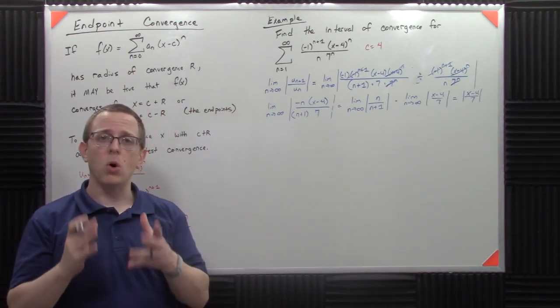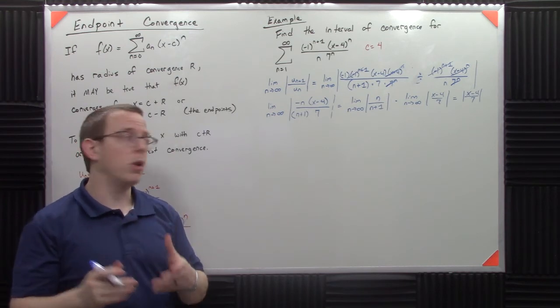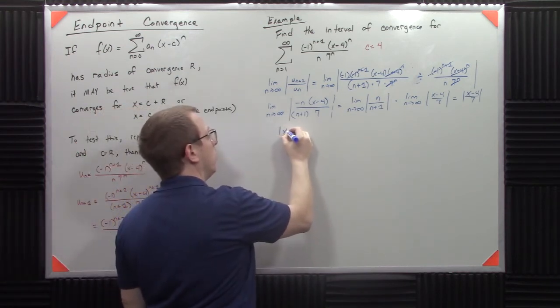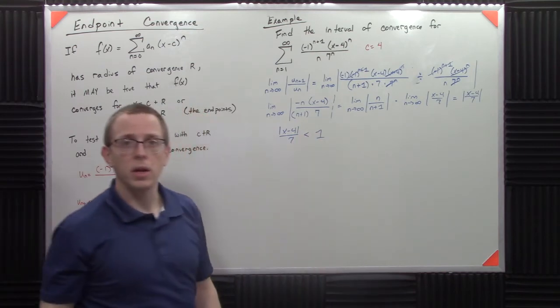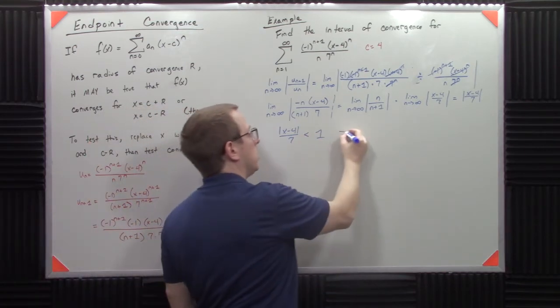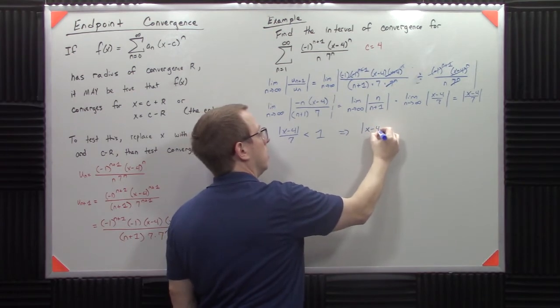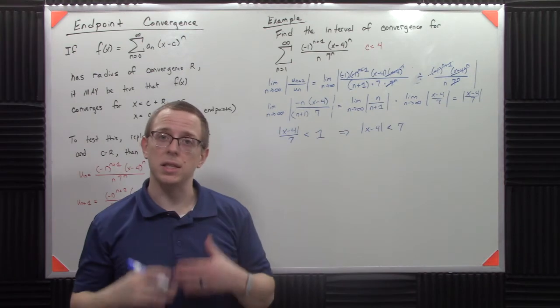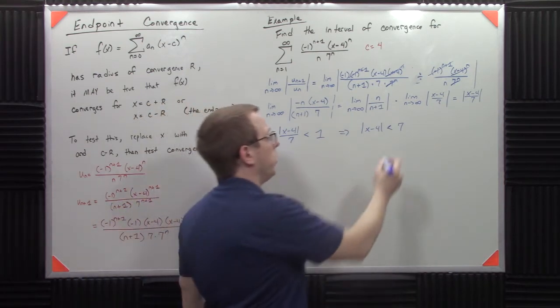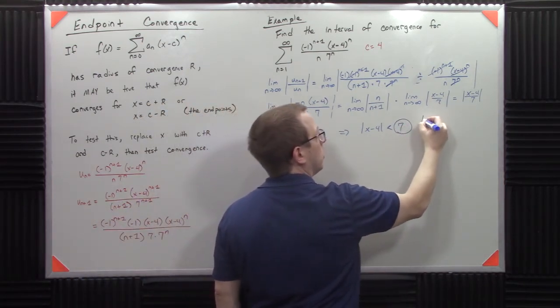Now this limit is only going to show us convergence if it's less than 1. So what that tells me is the absolute value of x minus 4 is less than 7. Well, this is my radius of convergence.